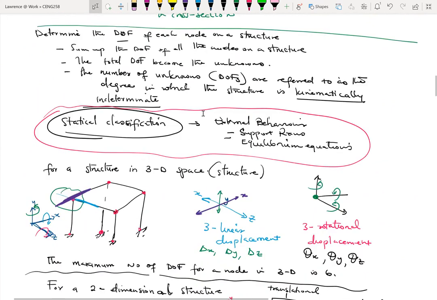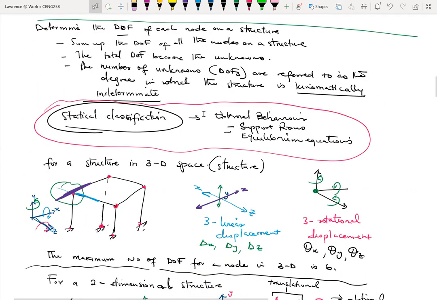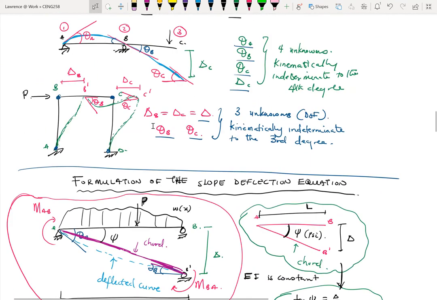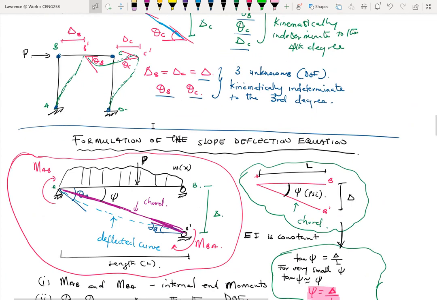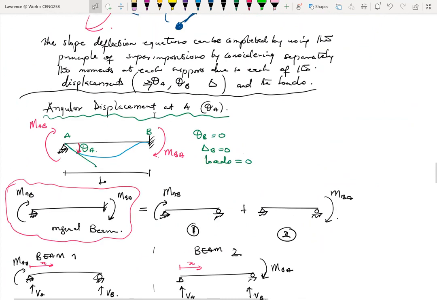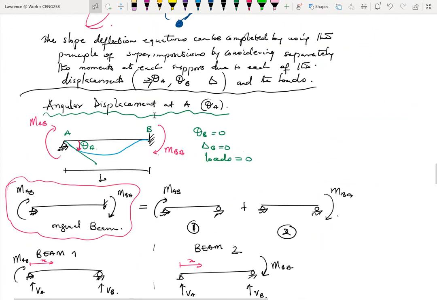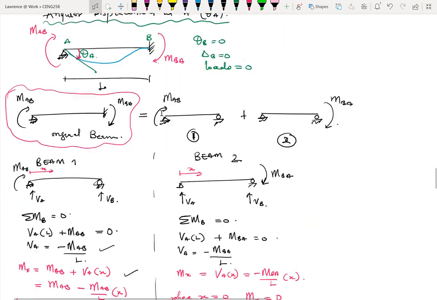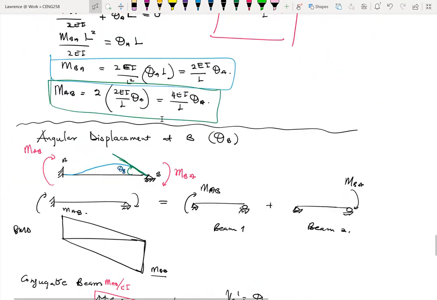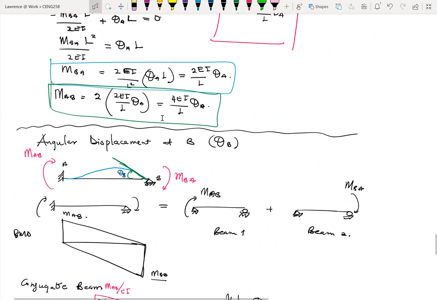We've also discussed what it means to have kinematic indeterminacy, and also formulate equations for the slope deflection method. All right, by looking at the angular displacement at A, and then the angular displacement at B. All right. Any questions?